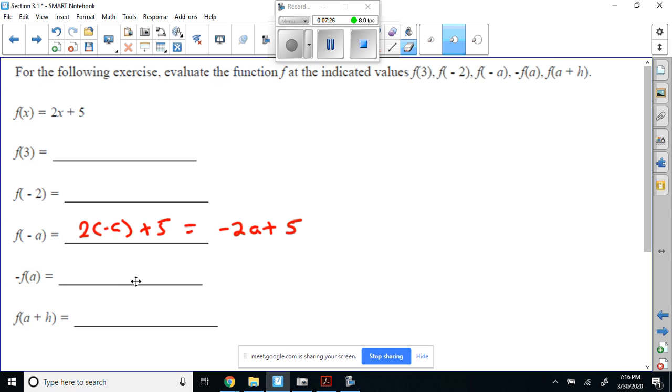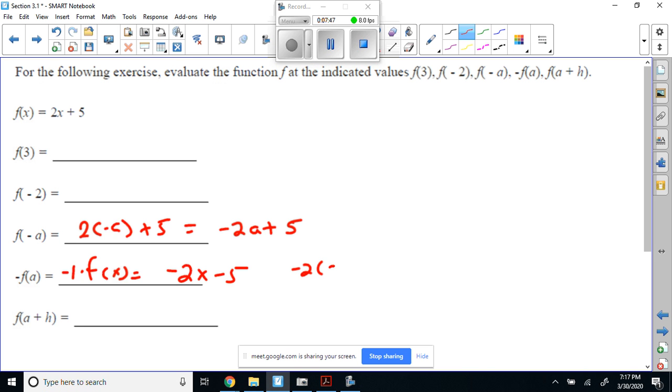This is really -1 times f of x, right? -1 times that equation would be -2x minus 5, right? So now I can plug in a: -2 times a minus 5 equals -2a minus 5. You either substitute it in and then change all the signs, or change all the signs first, then substitute it in.